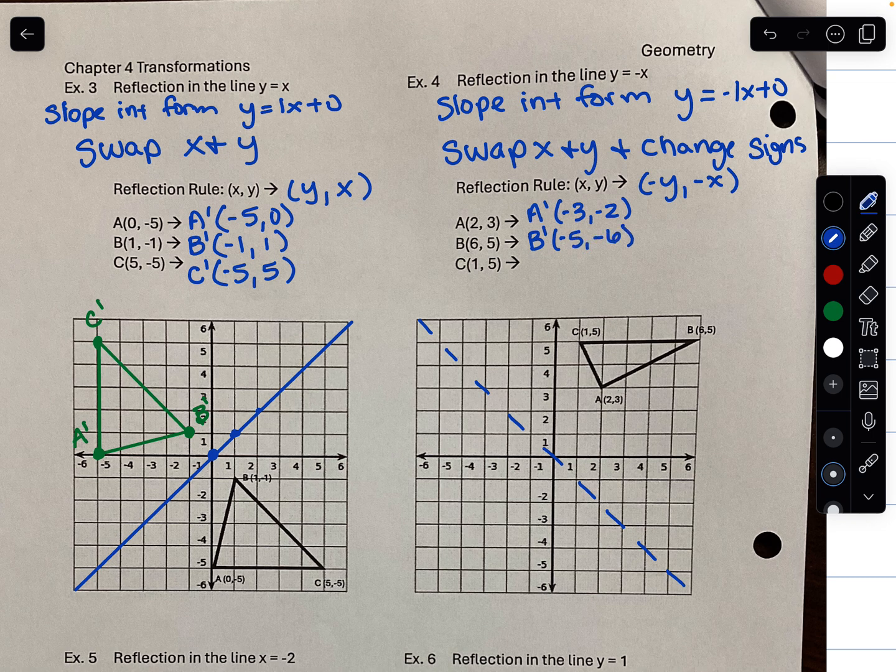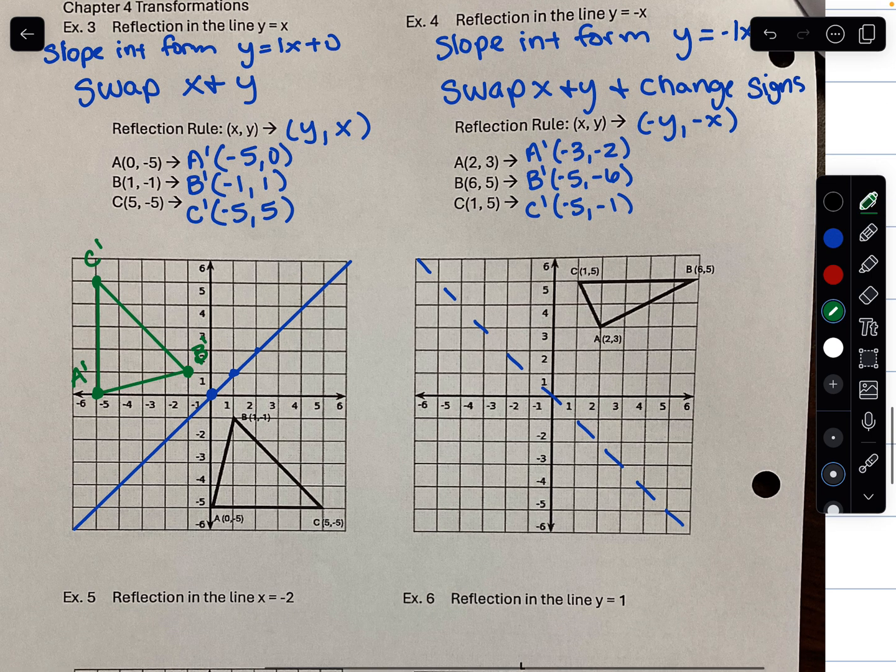Good. And then Rowdy, C prime? Negative 5, negative 1. Perfect. Okay. So we plot those points. Negative 3, negative 2 is A prime. Negative 5, negative 6 is B prime. And negative 5, negative 1 is C prime.